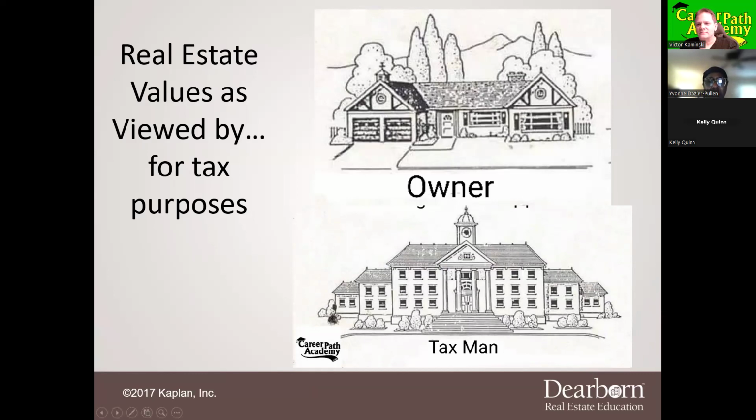That's about right. When an owner's selling their house, they look at it flipped. The owner looks at their house like that. But when it comes to taxing and how much you pay in taxes, the owner looks at their property like this, not like that, right?